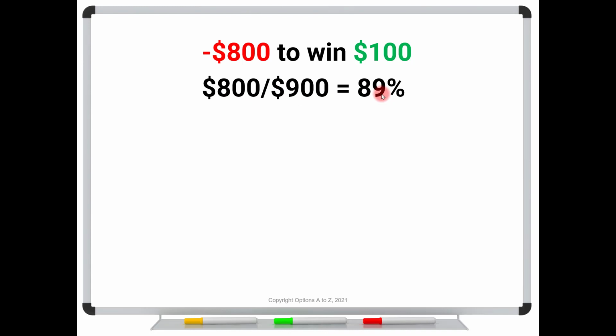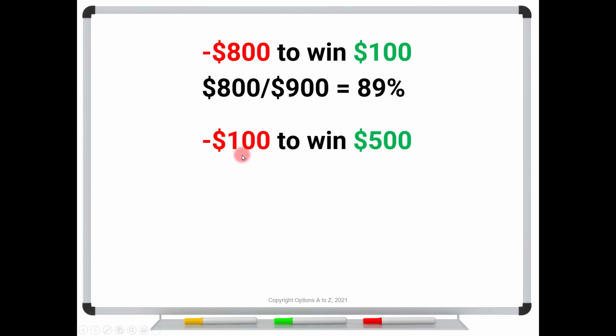And what this means is that if you were allowed to take this bet thousands and thousands of times, statistically, because you've got this 89% edge, if you're always paying 800 to win 100, you would just be expected to break even. Now, of course, in the real world, you're only going to get one shot. But that's what is being implied, that there is an 89% chance for Mayweather to win.